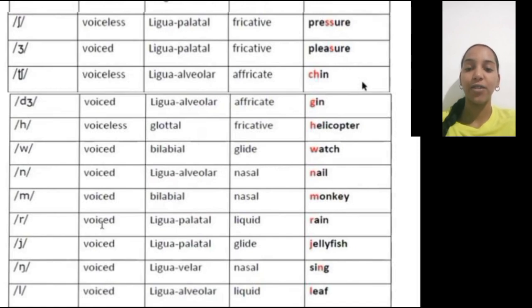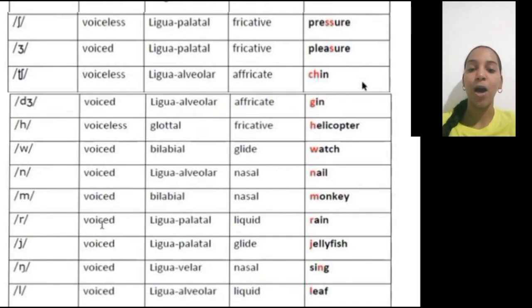Then we have j, which is voiced, alveolar, an affricate, and an example is gem. Then we have the phoneme h, which is voiceless, glottal because we produce the sound in the glottis. It is fricative, and an example is helicopter.